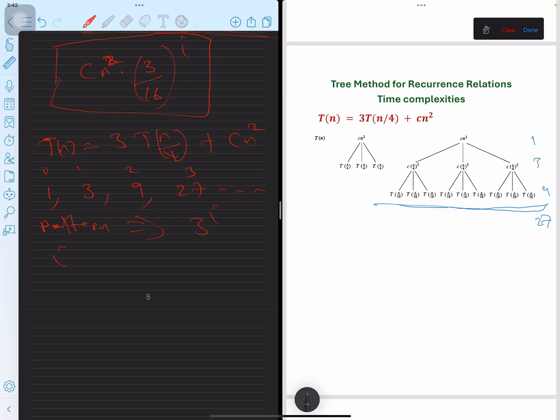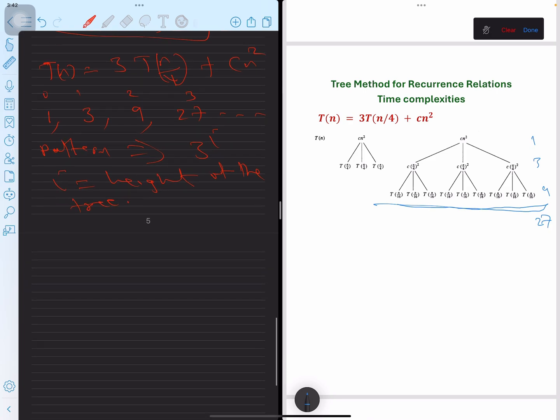And now I is the height of the tree. So now I can say that the total subproblems is going to be 3 to the power of log n base 4. And this is the same thing as n to the power of log 3 base 4.